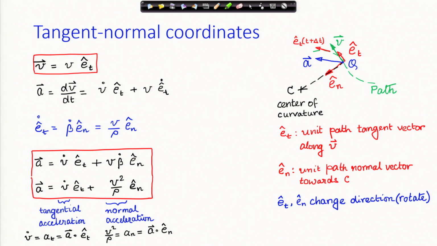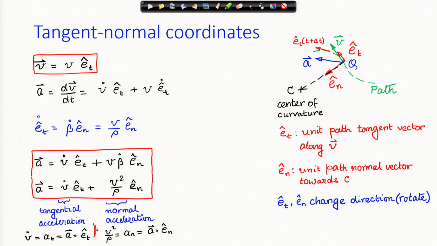Okay, these accelerations have some names. The first term of this acceleration is the tangential acceleration, and how do you find out tangential acceleration? You dot product the acceleration vector with the unit tangential vector E_t cap, as shown here.